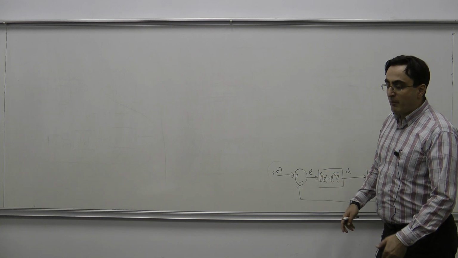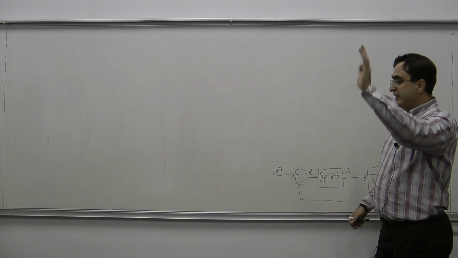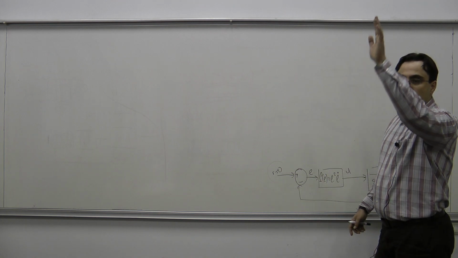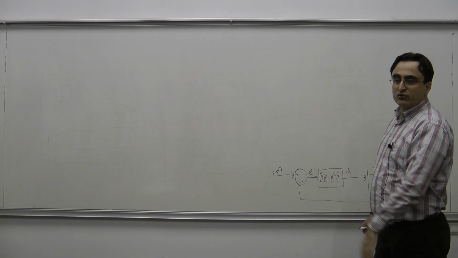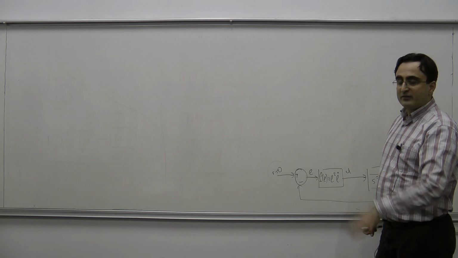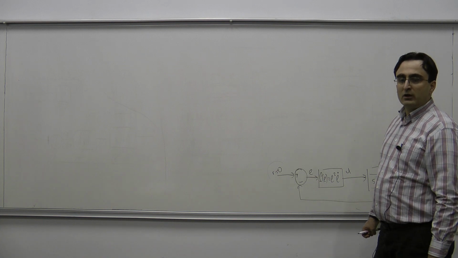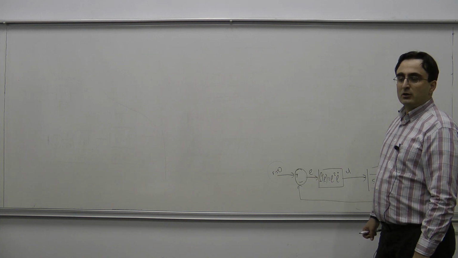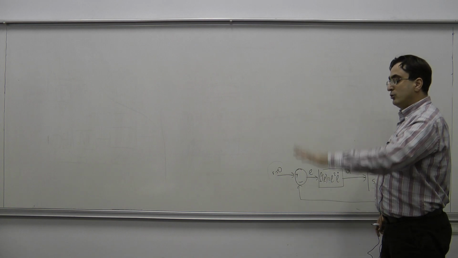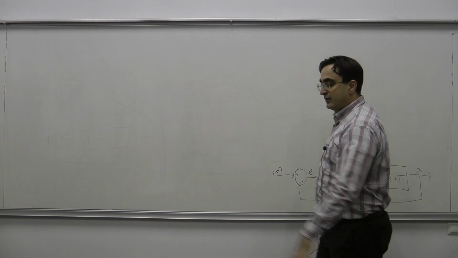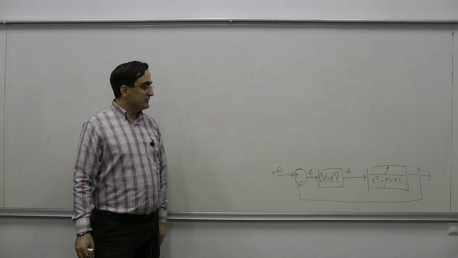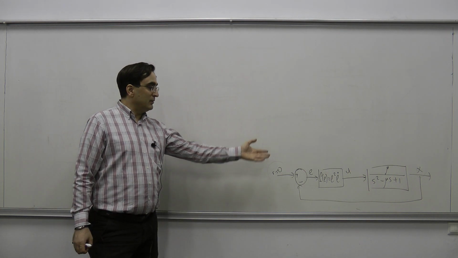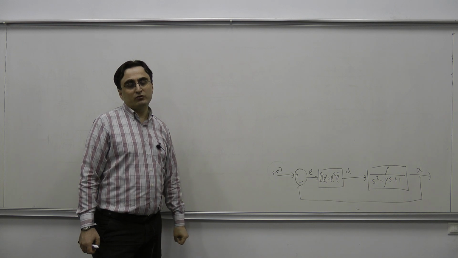So in time domain, I know that the signal E is going to cover a very large range if it is oscillating. Okay? It's not going to remain in a small neighborhood of some value. In time domain, E of t is going to oscillate, and it's going to cover a large range of values. That means that the linearization in time domain might not be really the solution here.